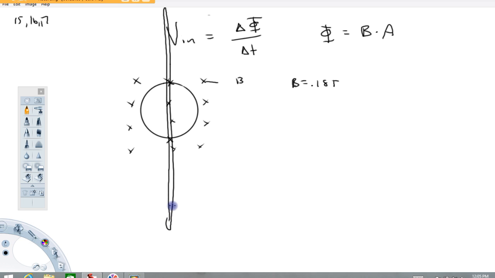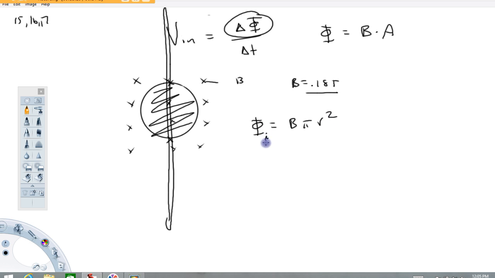We can calculate a change in flux by calculating the original flux, which is the magnetic field strength times the circular area, pi r squared. These are values given in the problem. So that's the initial flux. The final flux is 0, because it says right in the problem it's stretched to the point where it has no area. So whatever this number is, that's your change in flux.